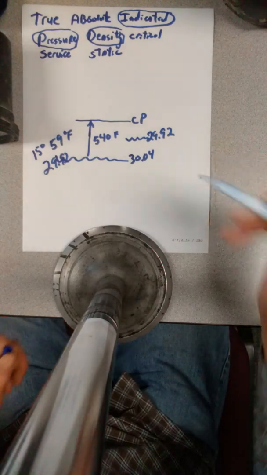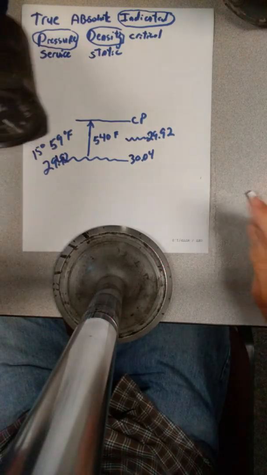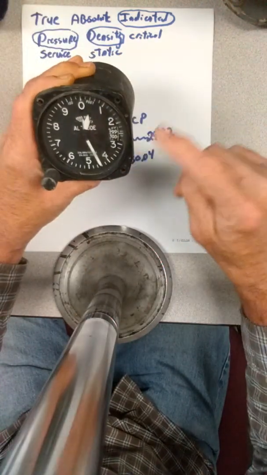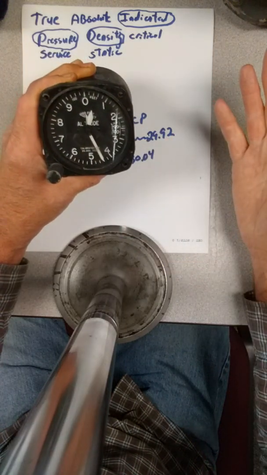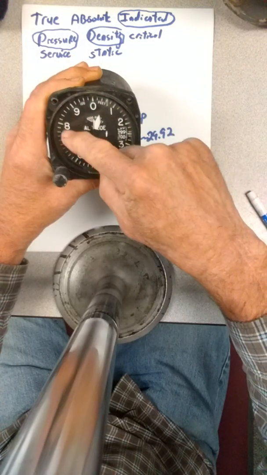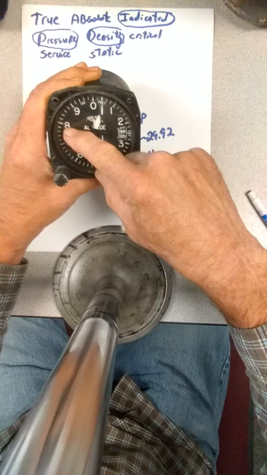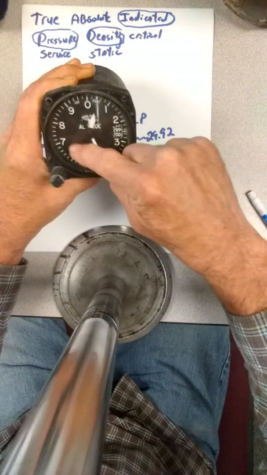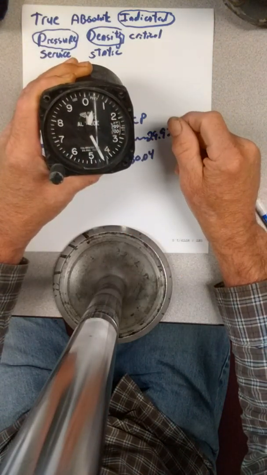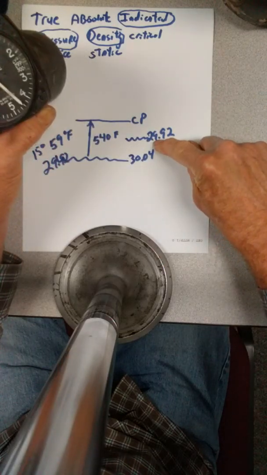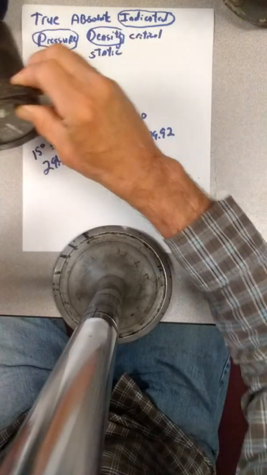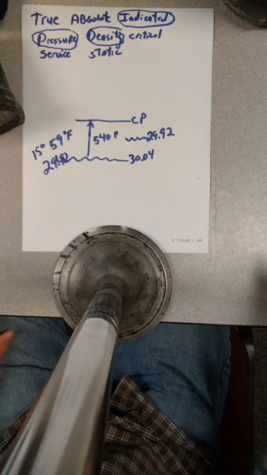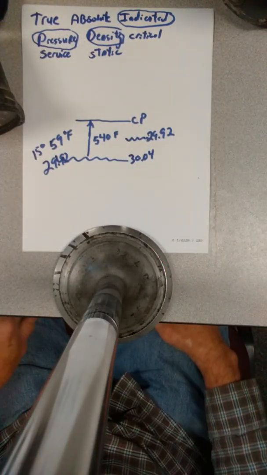Like I said, you've dialed in 29.92, and you get up there, and on a standard day, you would take it up to 8,000 pressure altitude, how high you are above the 29.92 line, and then you would look at the outside air temperature gauge and crisscross those factors to come up with the density altitude.